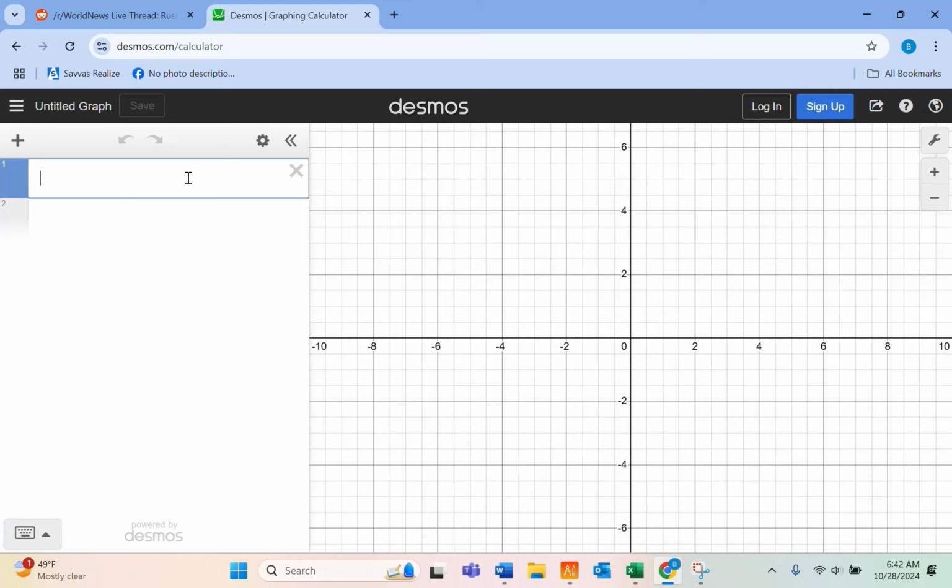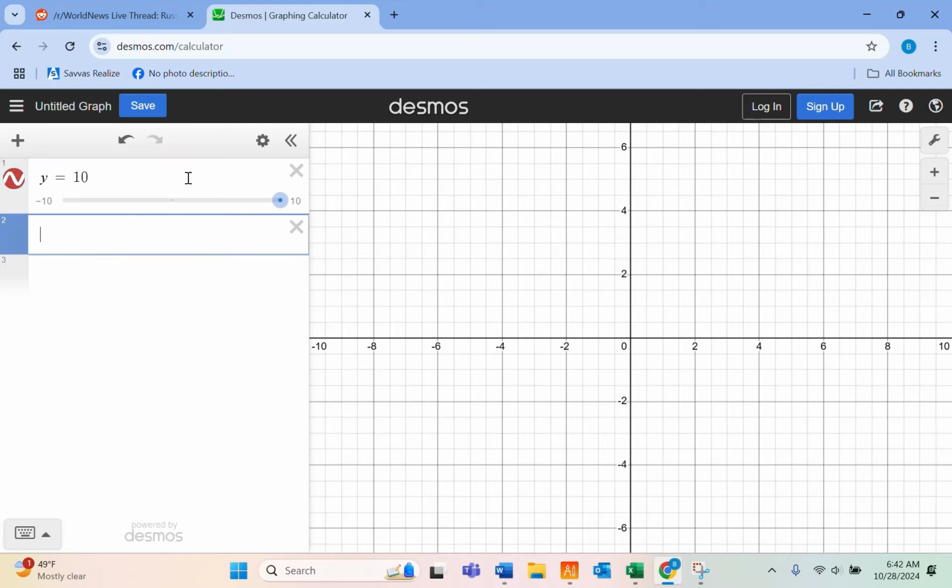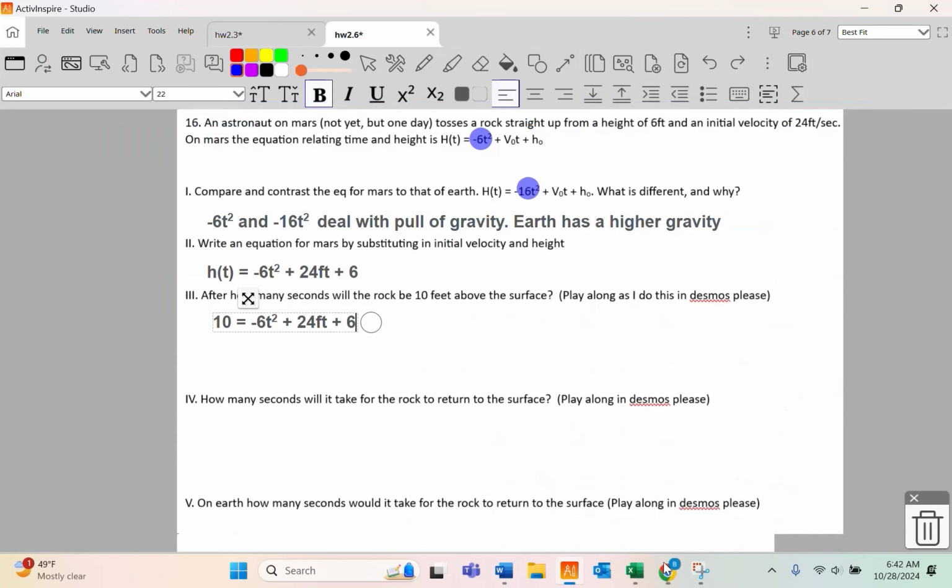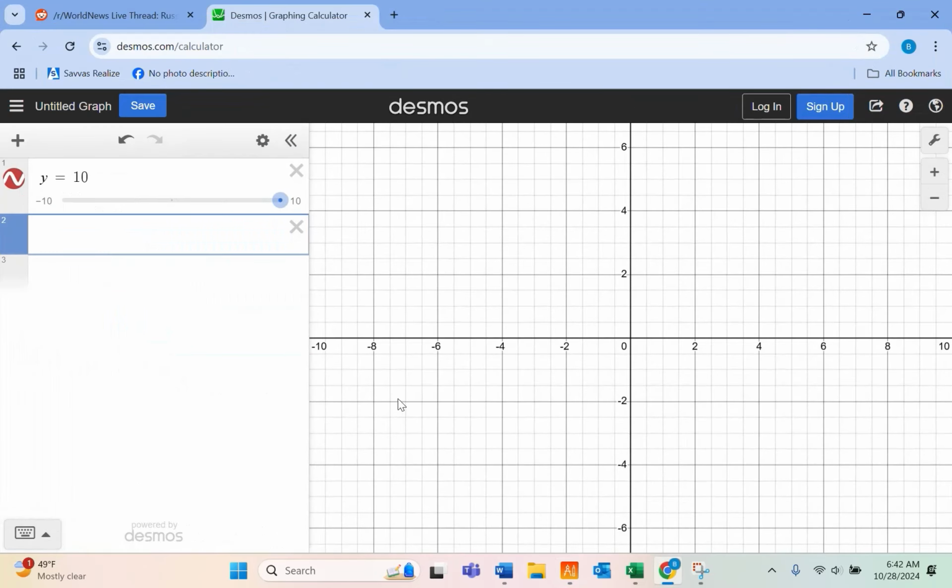Let's see here. We put a 10 on the left. It's kind of like doing a calculator, y1, y2. And we have negative 6x to the second plus 24x plus 6.